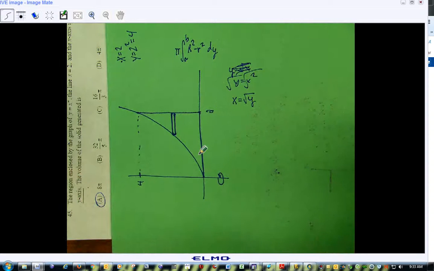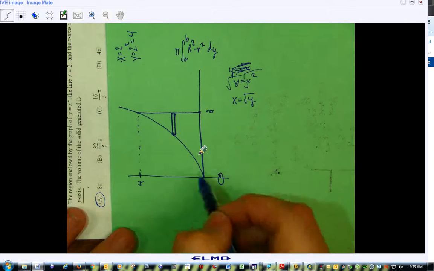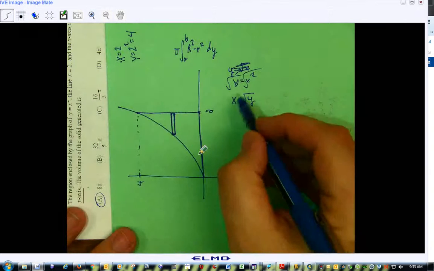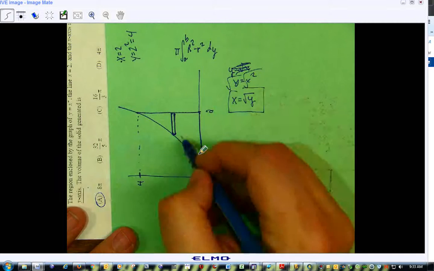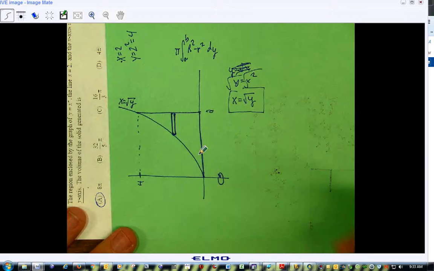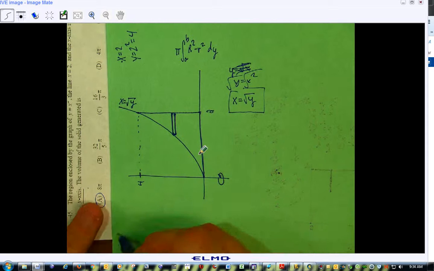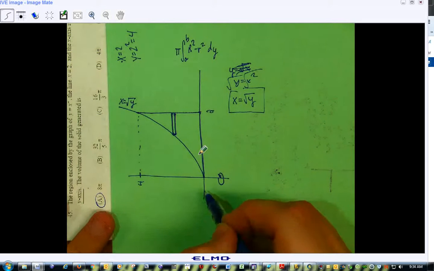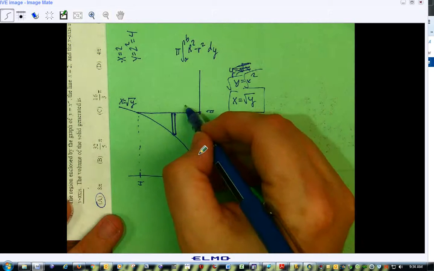But which one am I going to use? The positive, because we're in the first quadrant. So this is the one I'm going to use: x is equal to the square root of y. The parabola goes down here, but that would be the negative square root of y. I know here x is equal to 2.